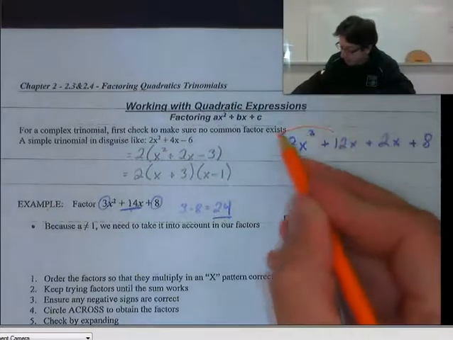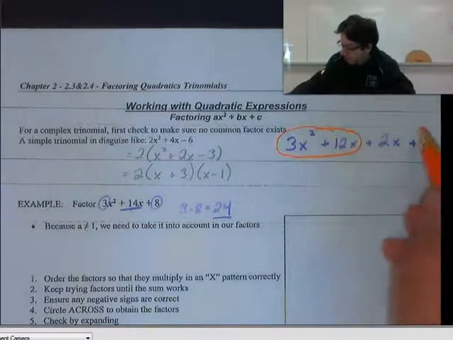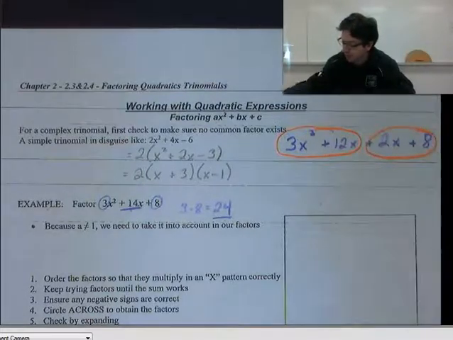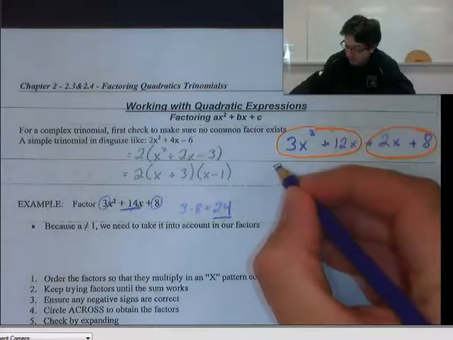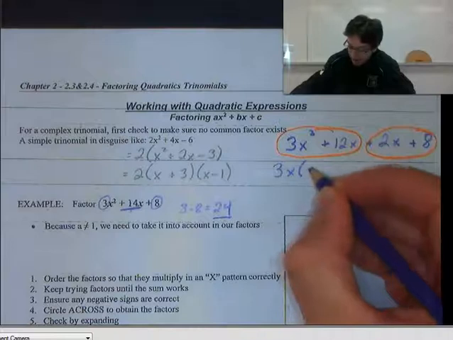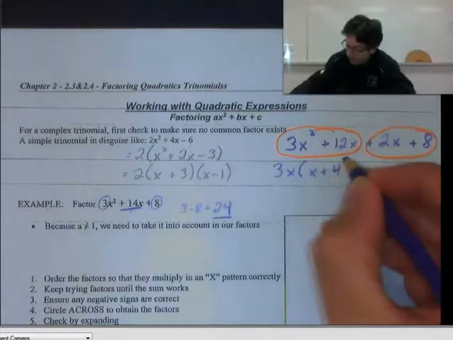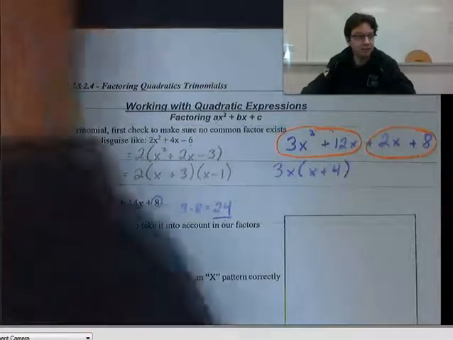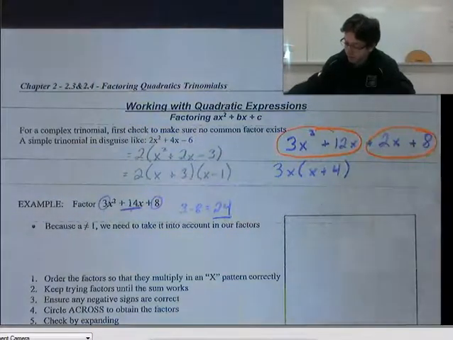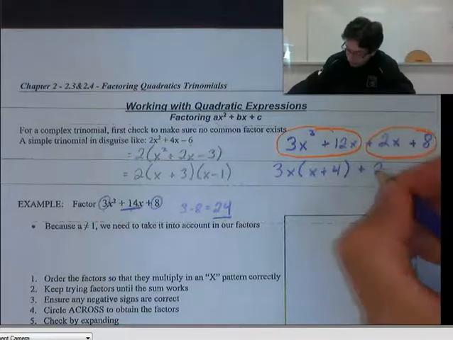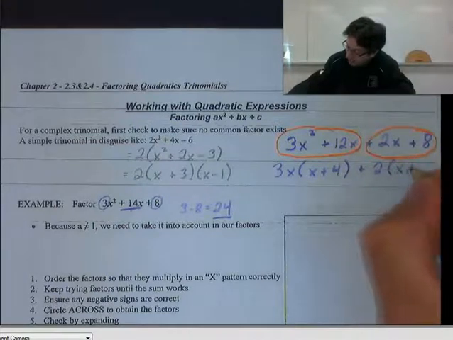So we would look at this group, and we would look at this group. Now the first group, you pull out a common factor, in this case 3x. So we can pull out a 3x, and we're left with x plus 4. Our second one, we can pull out a common factor. In this case it would be 2, so plus 2, and we're left with x plus 4.